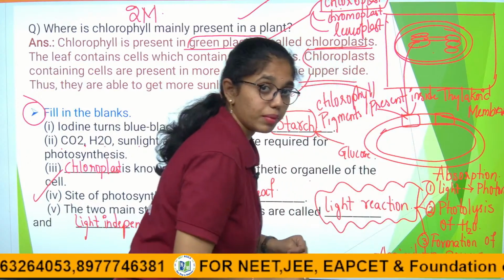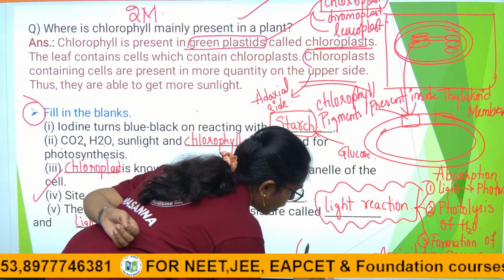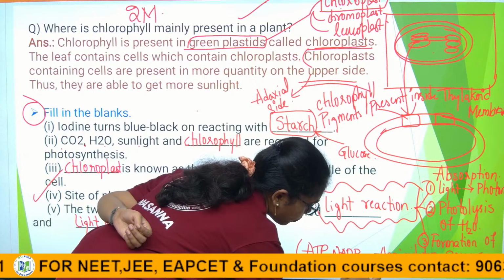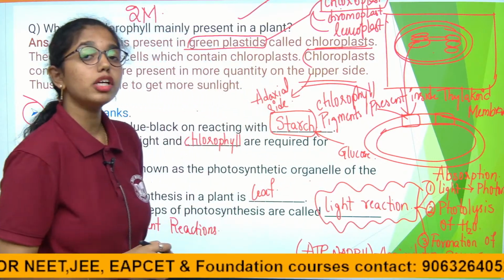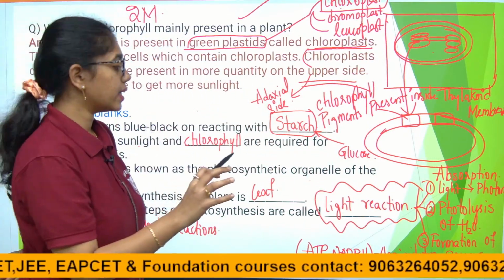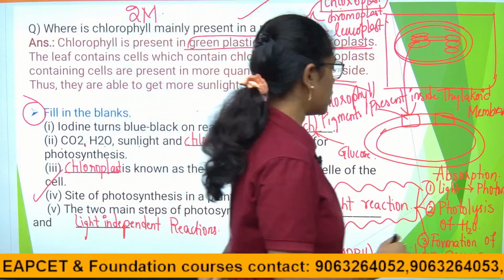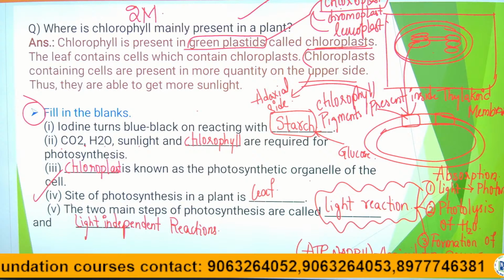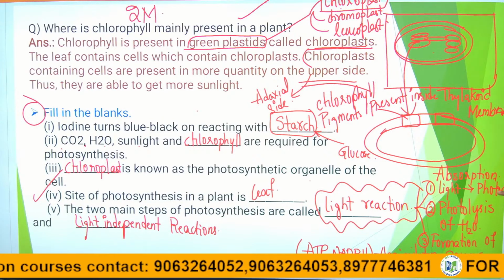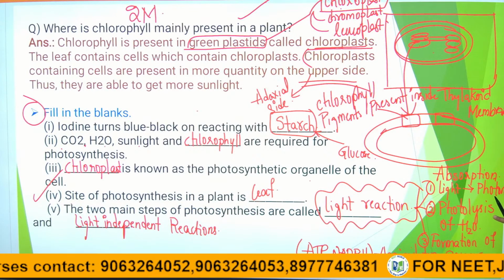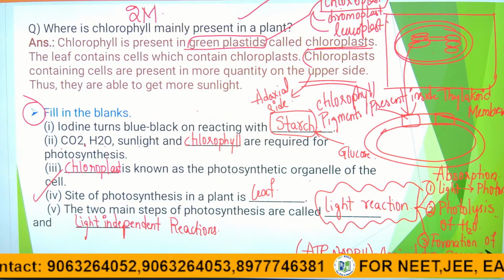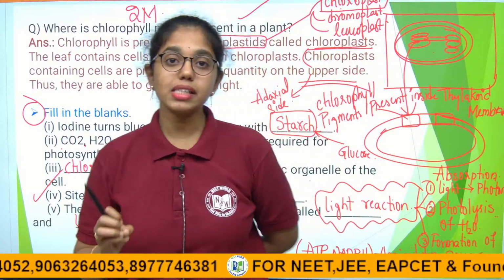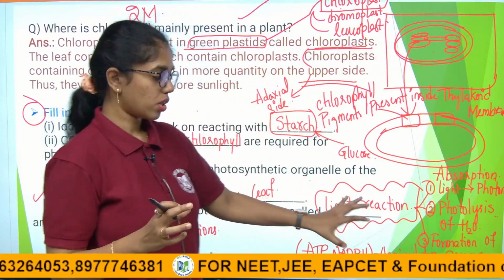What is that assimilatory power that is formed? ATP and NADPH. Where is this assimilatory power formed? Inside the stroma of the chloroplast. So, absorption of light in the form of photons is done in the thylakoid membrane, photolysis of water inside the lumen of the thylakoid, and formation of ATP and NADPH is in the stroma of the chloroplast, right?